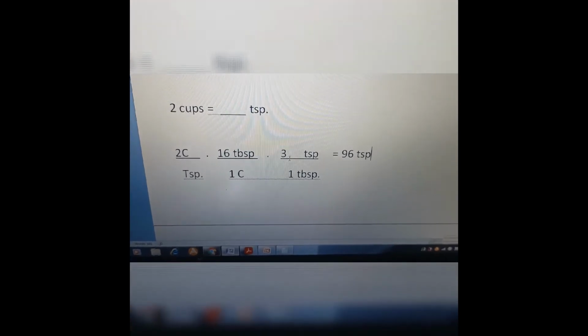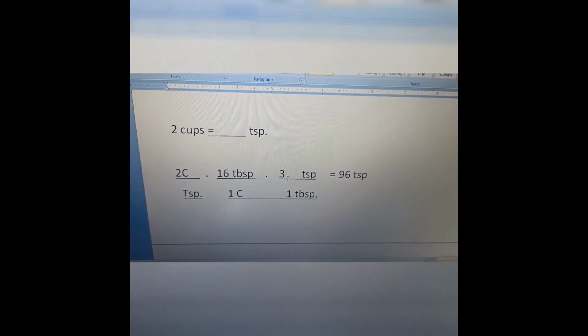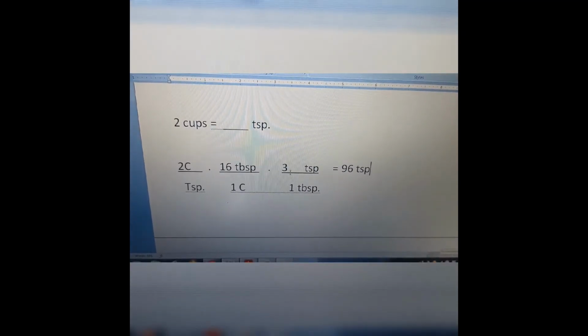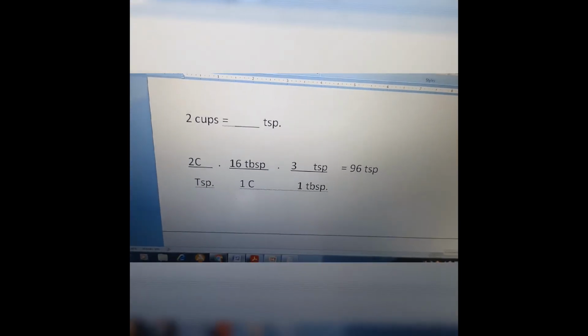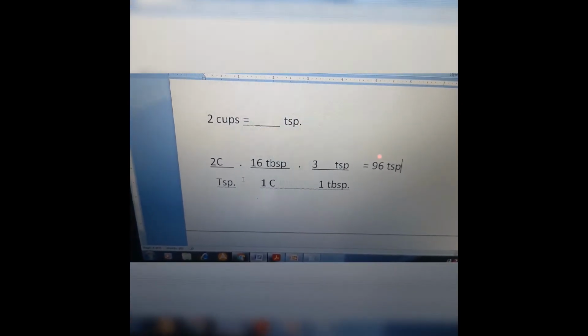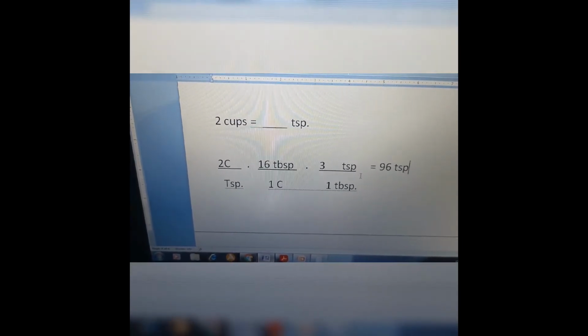Then we can find that 1 tablespoon is equivalent to 3 teaspoons. Since we are looking for teaspoon and there is no such direct equivalent, we use the connectivity of cups and tablespoon to teaspoon.